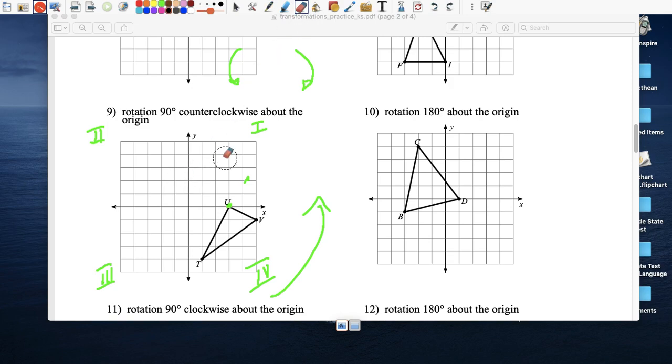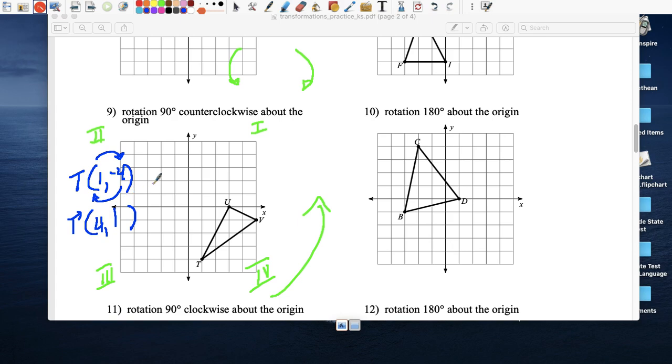Let's be more precise. Let's take point T. Point T is 1, comma, negative 4. So T prime, remember what we do? We switch the positions. 1 goes this way, and 4 goes this way, right? So they switch positions. It becomes 4 and 1.